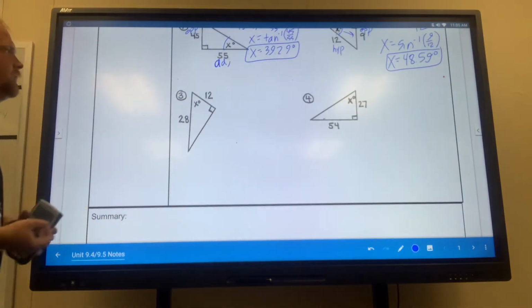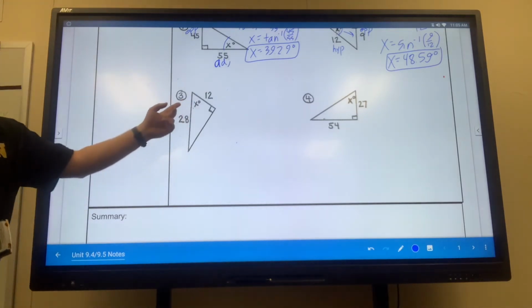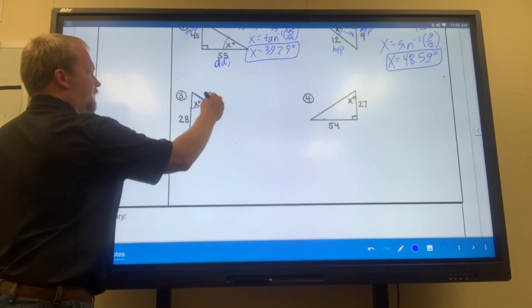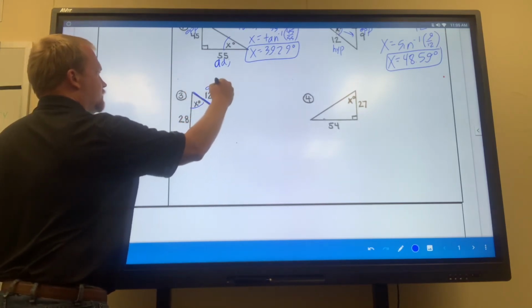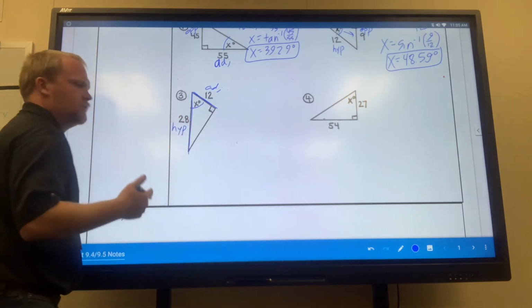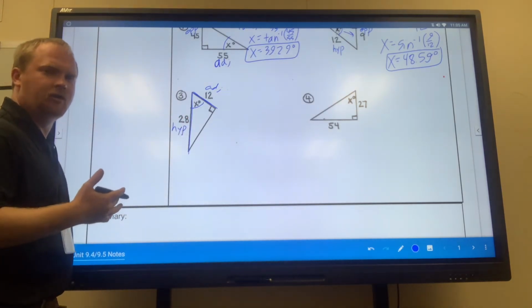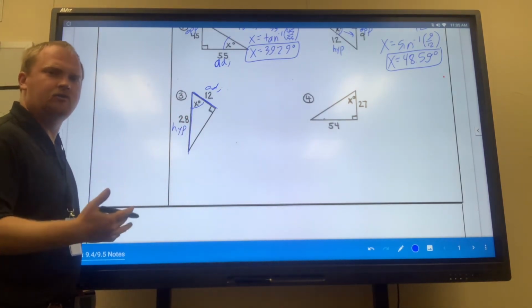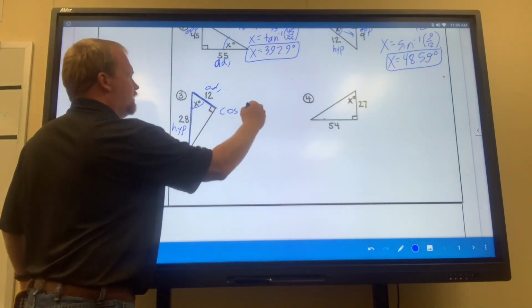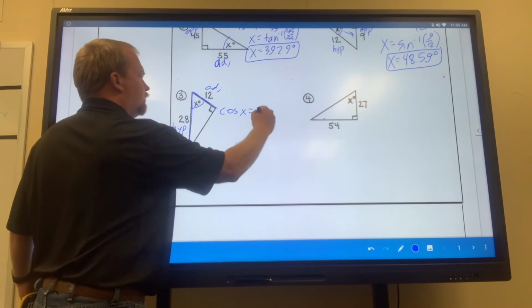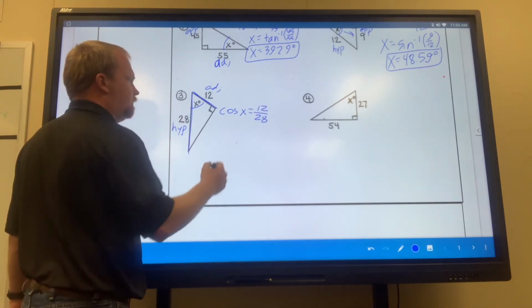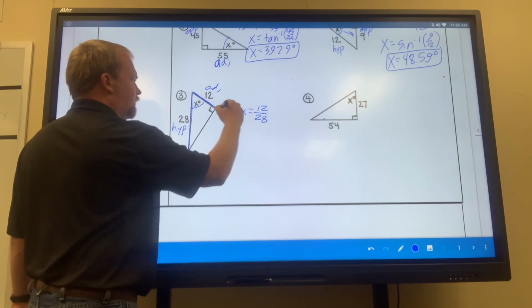Next, I want to find this angle here. I have the adjacent and the hypotenuse. So what trig do we need to use? We need to use cosine. So cosine of x is equal to 12 over 28. Remember, I'm going to take the inverse of it.